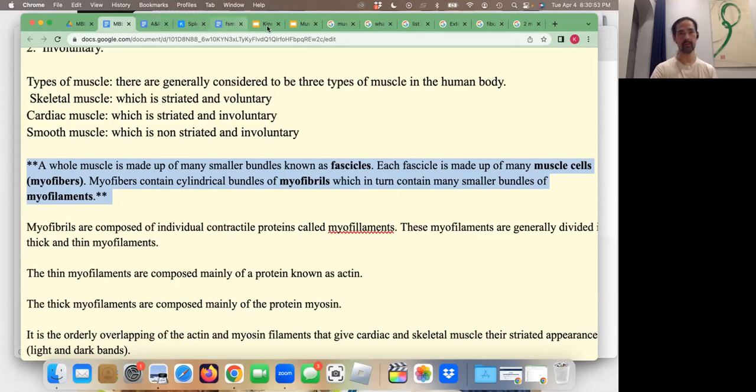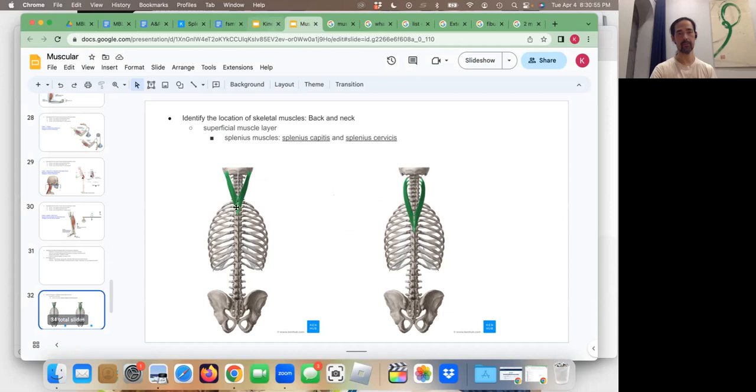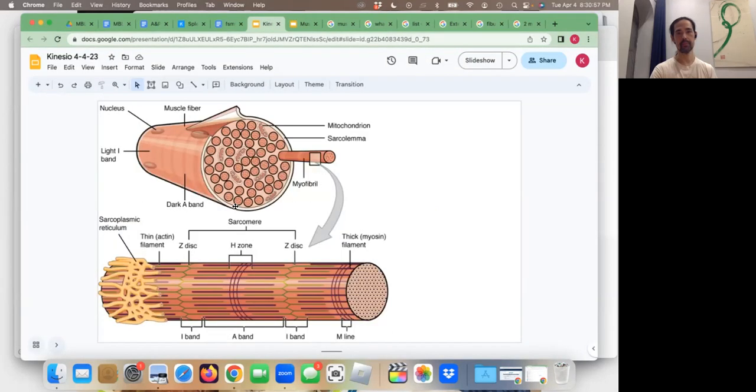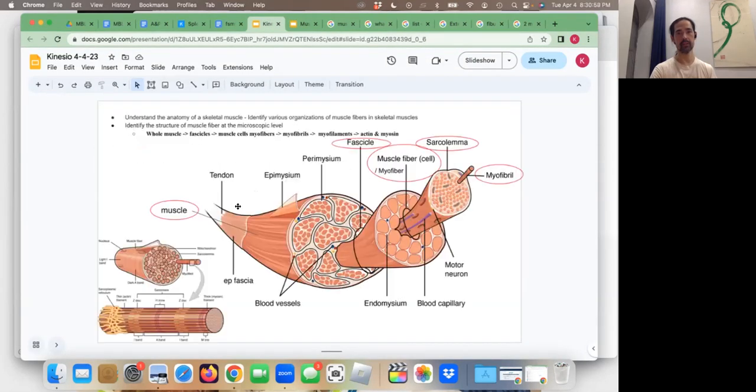So that would look like this. Every muscle is made up of fascicles, and every fascicle is made up of myofibers, and every myofiber is made of myofibrils.